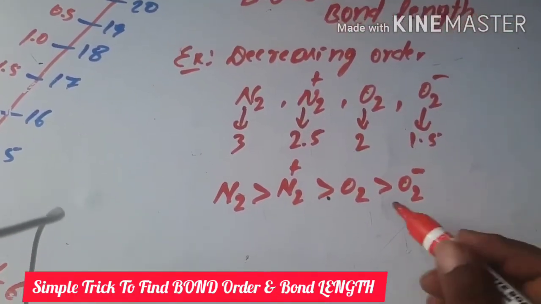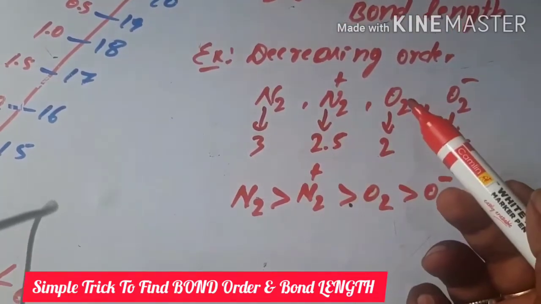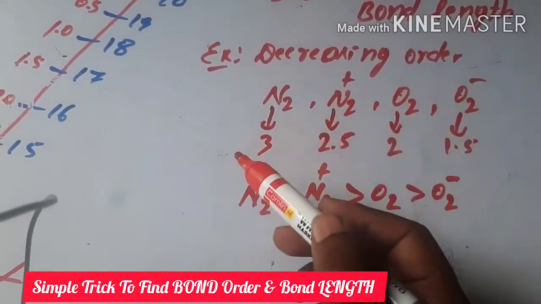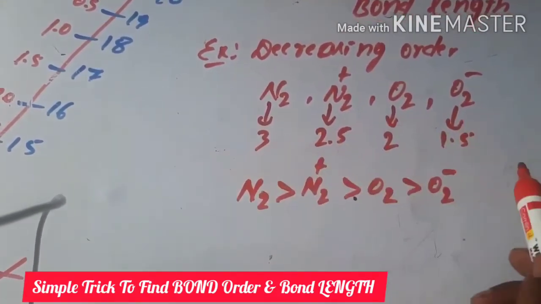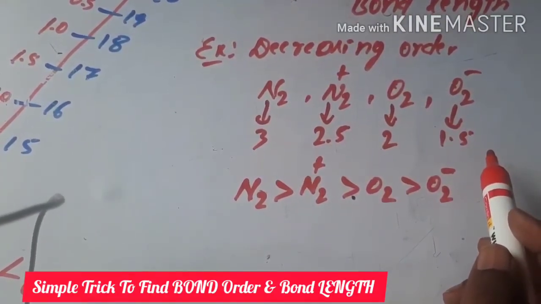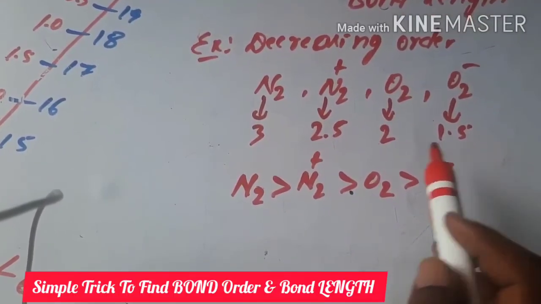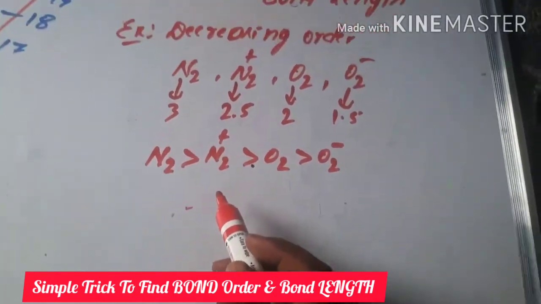As usual, in the same way, you can determine the bond order and write the bond length in increasing order and decreasing order. That is the bond order in decreasing order.